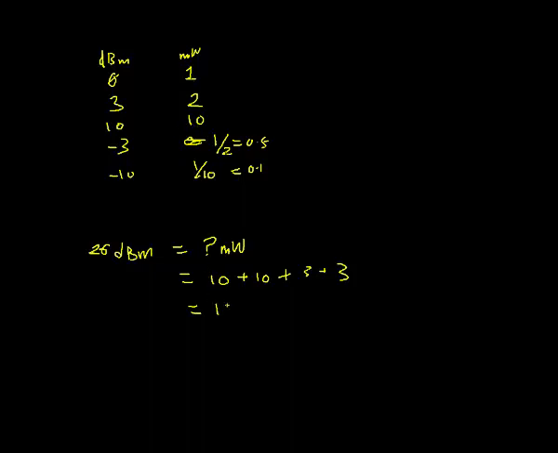So when converting, you have to change this plus to times. The first 10 has to be multiplied by the second 10. And the 3 dBm, when converted to milliwatt, becomes 2.